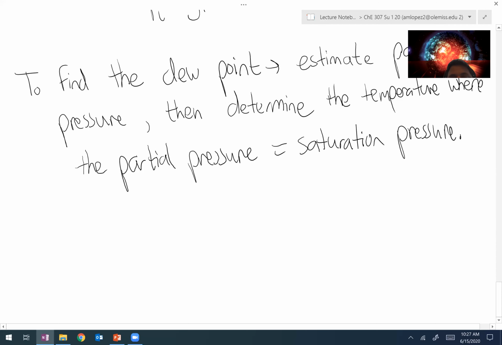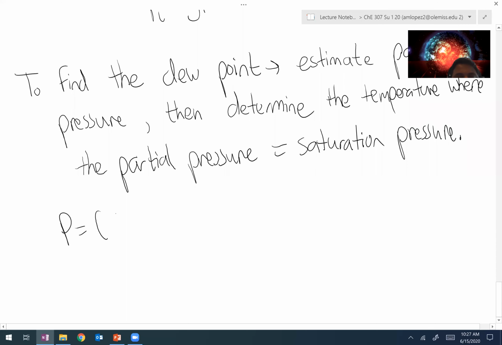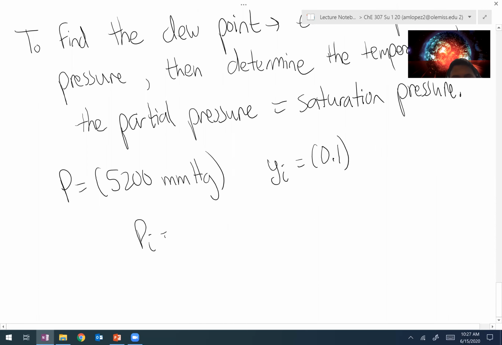So for this system, we have the total pressure, which is 5,200 millimeters of mercury. We have the mole fraction of water, which is 0.1. That tells us our partial pressure, which is y_i times P, is 520 millimeters of mercury.